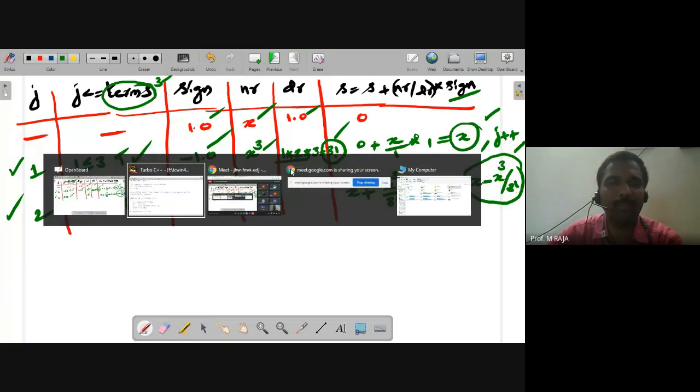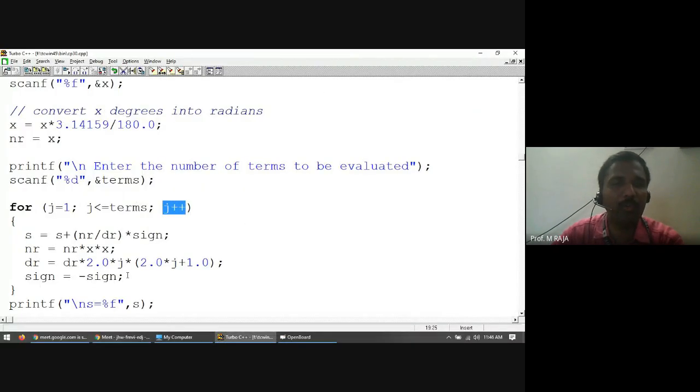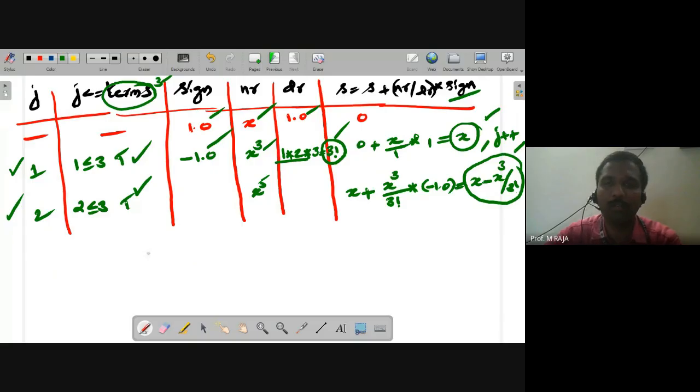Denominator is updated as current denominator into 2j into 2j plus 1. Understand, current denominator is 3 factorial into 2j. 2j means 2 into 2, 4. 2j plus 1, 2 into 2, 4 plus 1, 5. So it seems 3 factorial into 4 into 5. We brought the value of 5 factorial in the variable denominator.